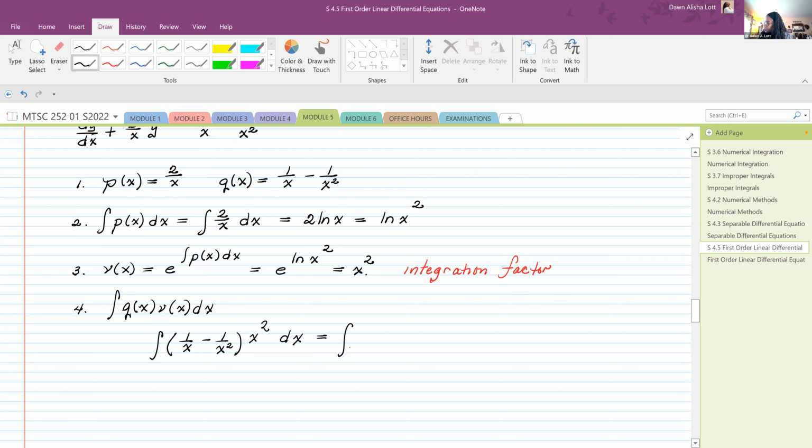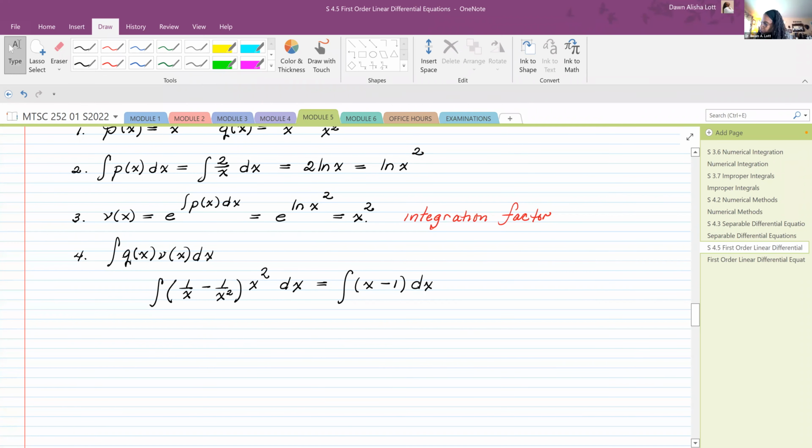When we multiply by x squared, we simply get the integral of x minus 1 dx. So this becomes 1/2 x squared minus x. And as I said, don't forget your constant.